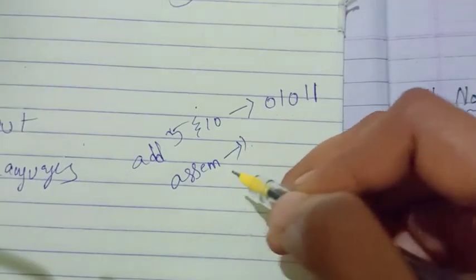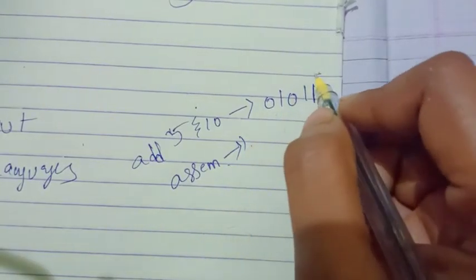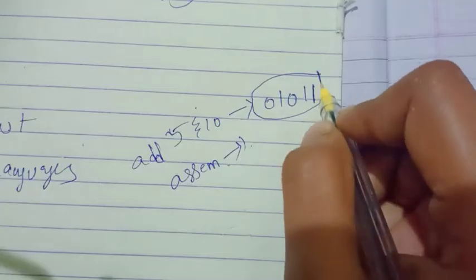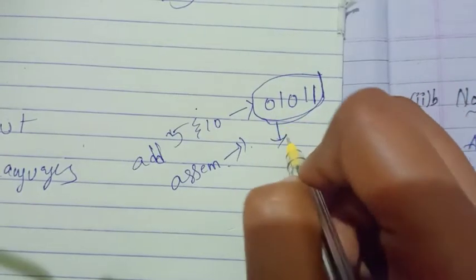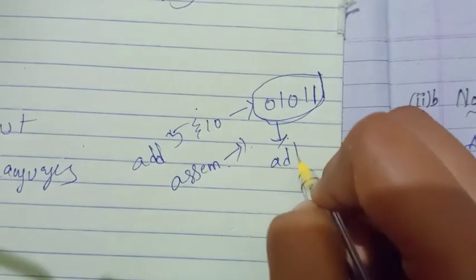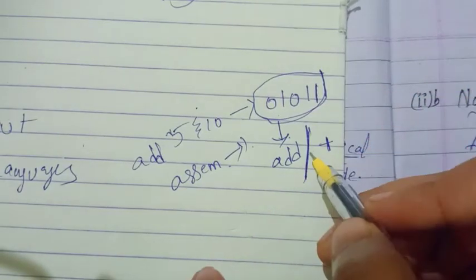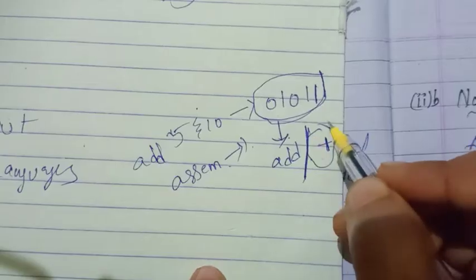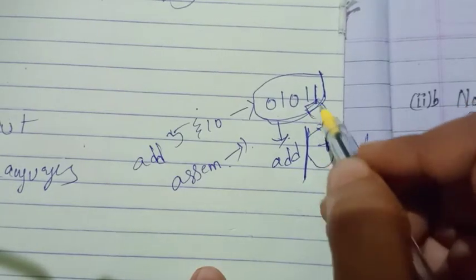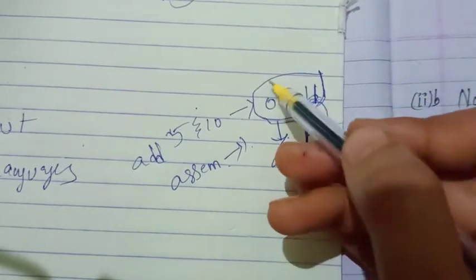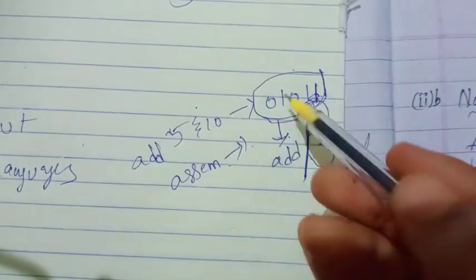So here in assembly language, what is meant by assembly language? Basically, for this binary digit pattern, mnemonics like add, or some symbols, are used, so that this symbol will represent the whole instruction.